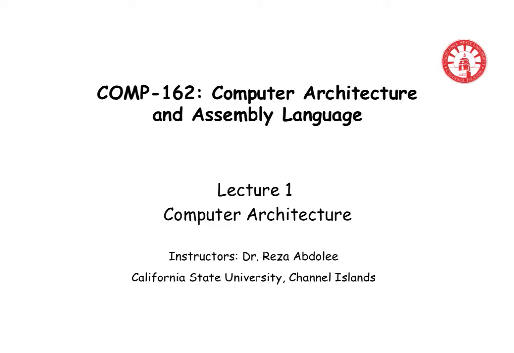We are going to take a look at different components of a computer system and see what their functionalities are, and focus on the main processing block in this system, which is the CPU, and see how a simple mathematical operation is performed within this processing engine.